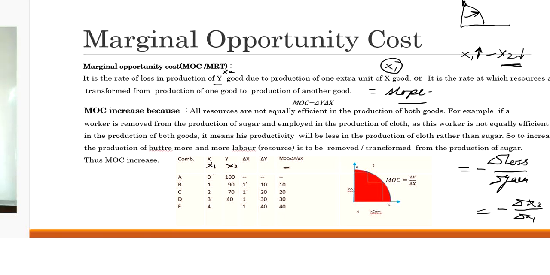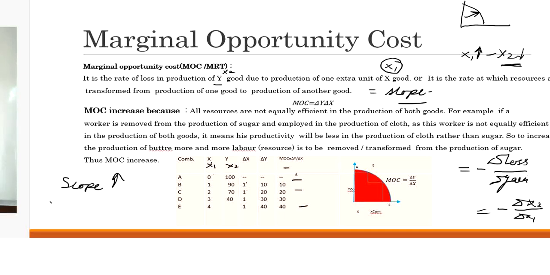All these values are in negative. And this is the slope. At point B, slope is 10. Point C, slope is 20. At point D, slope is 30. At point E, slope is 40. Means at each point, slope is increasing.